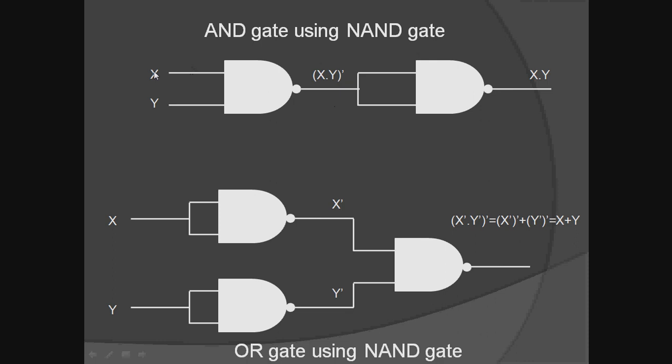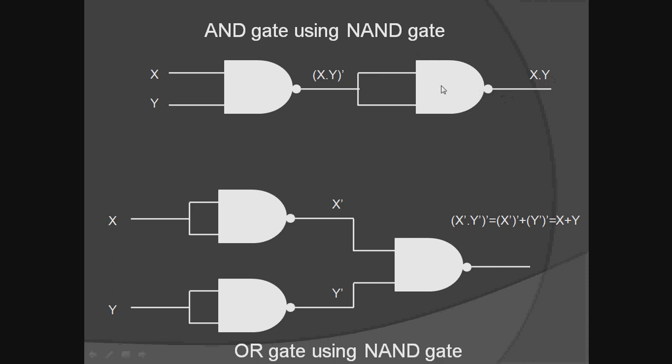In this case, suppose these are positive, high values, so here it will be x dot y, but because of this NOT operator, it becomes the whole complement. From here there is only one output, so we have to give it as only one input value to the next gate, which is why this is joined together, and the outcome of this is the AND gate.